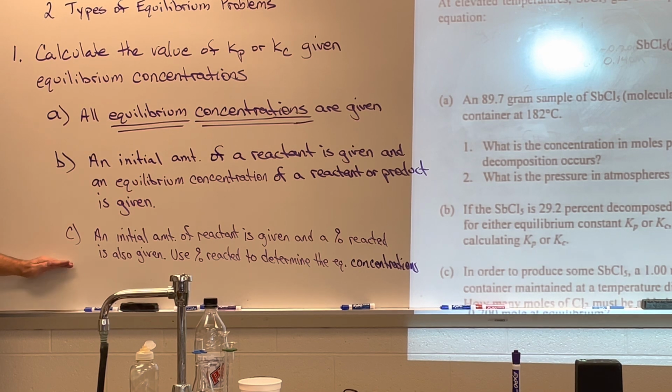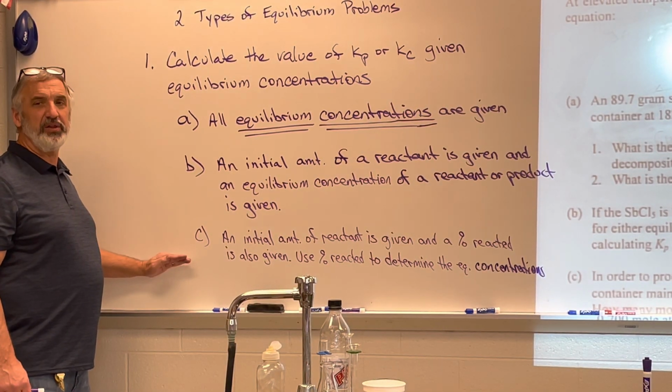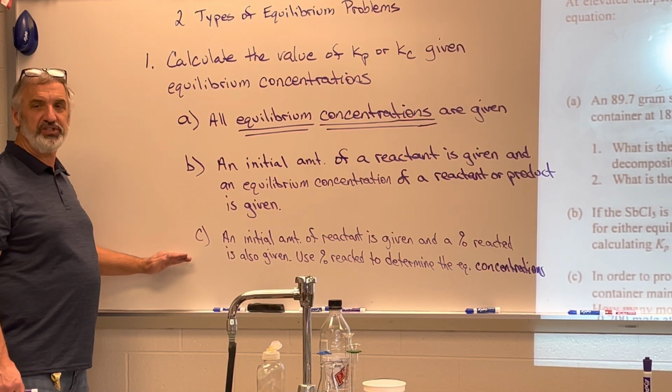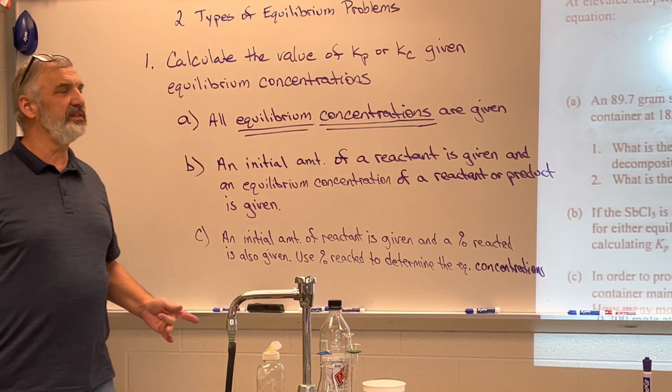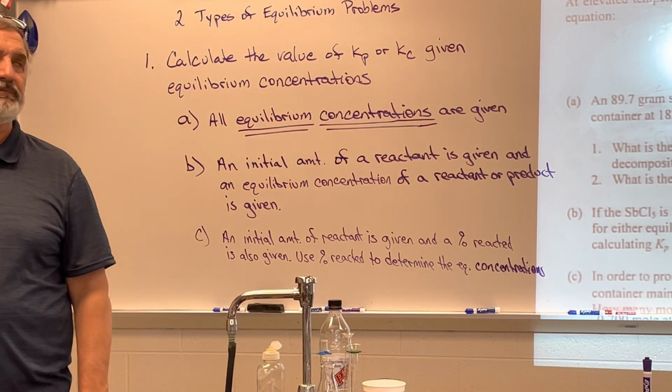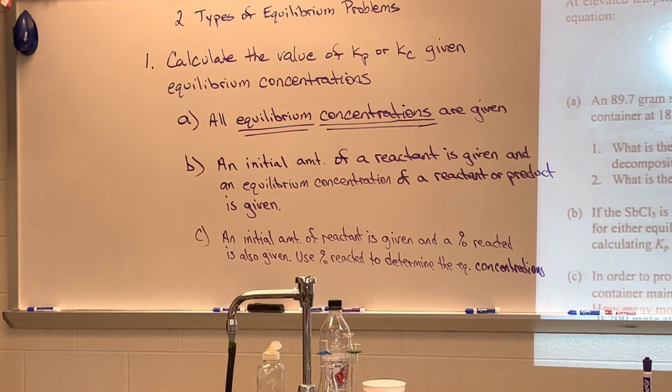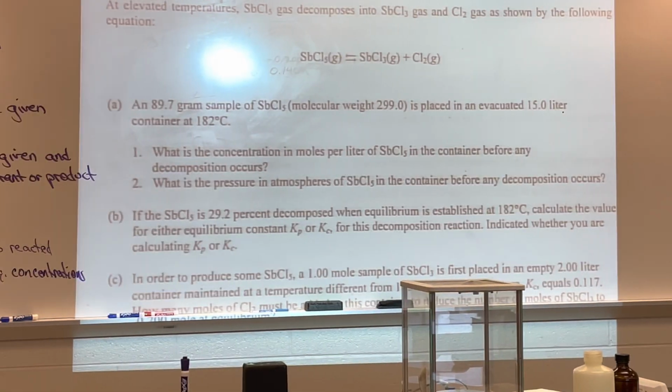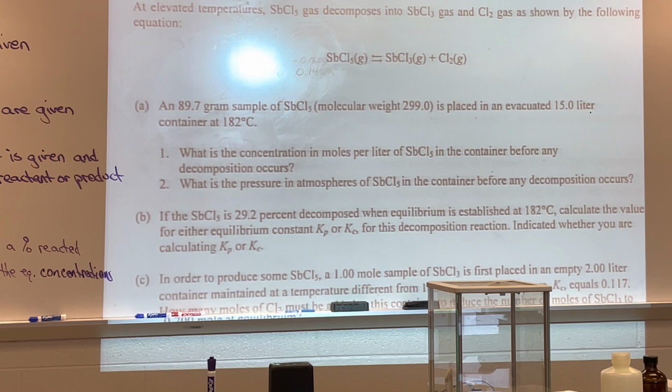So on the problem set that I just gave to you, the packet, not the individual page, look at 1988, on the bottom problem on the first page, is an example of this, where it says, at elevated temperatures, SbCl5 decomposes into SbCl3 and Cl2 as shown.